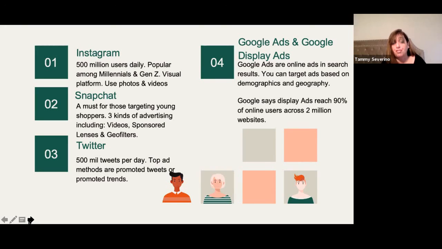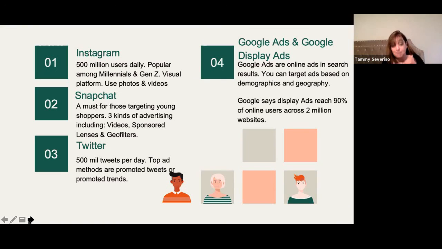So you have three kinds of key advertising on Snapchat. The first one being videos. The second is a sponsored lens. If you've ever seen photos of folks who have a little dog or kitty cat nose and whiskers or a crown of flowers that they're wearing, those are all filters, lenses for Snapchat.